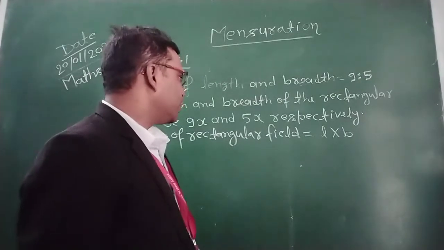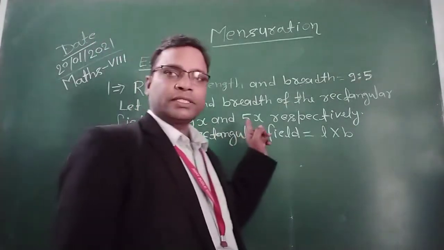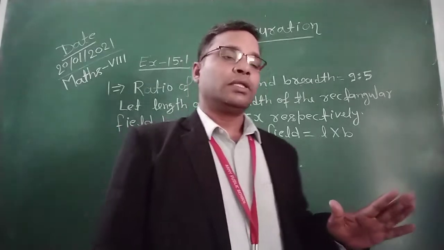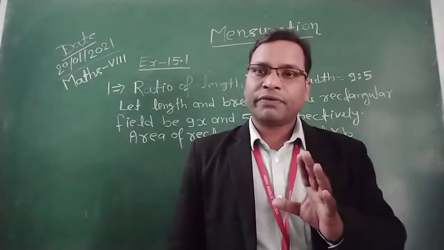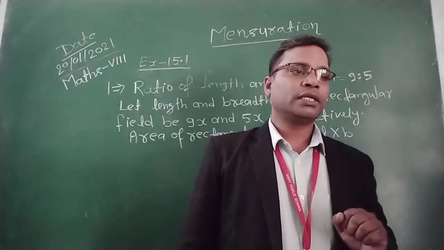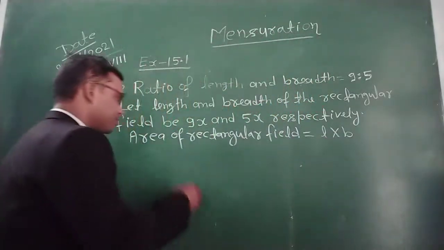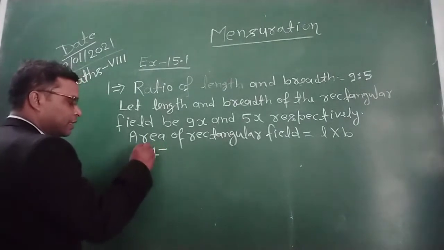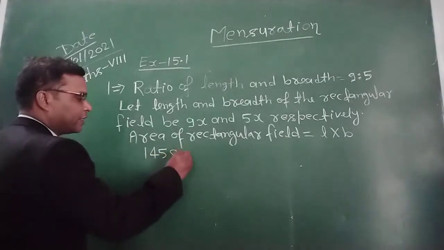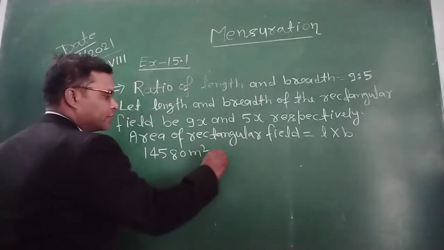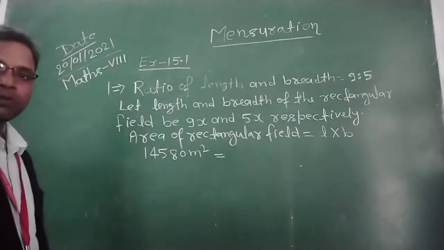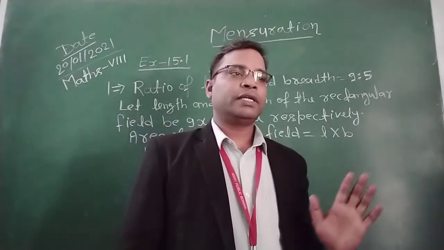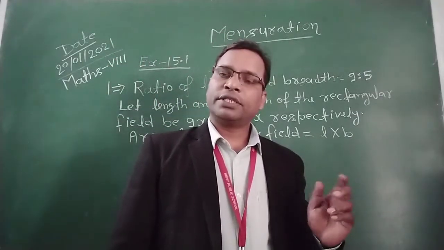So here we take length as 9x and breadth as 5x. The area of the rectangular field is given, 14,580 meter square.